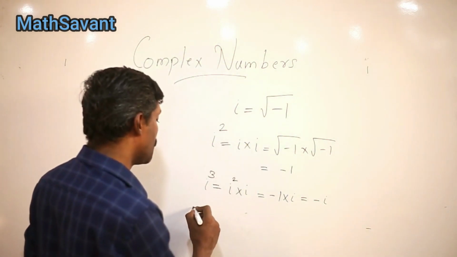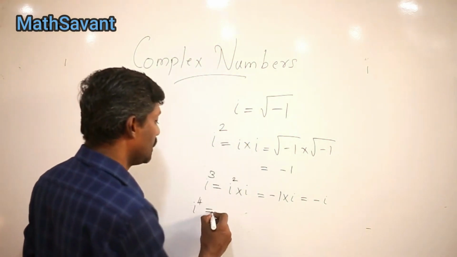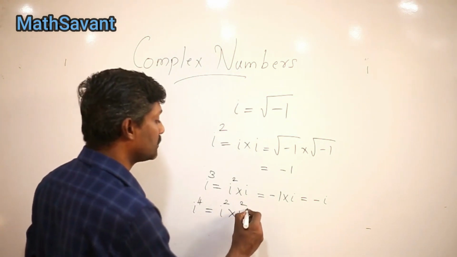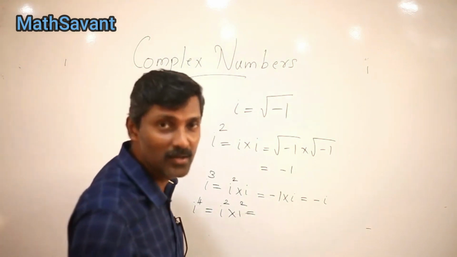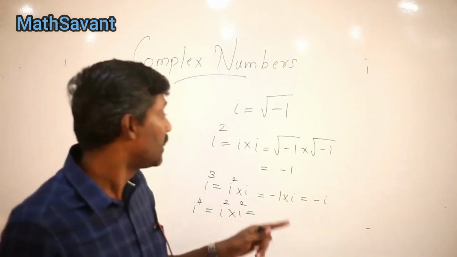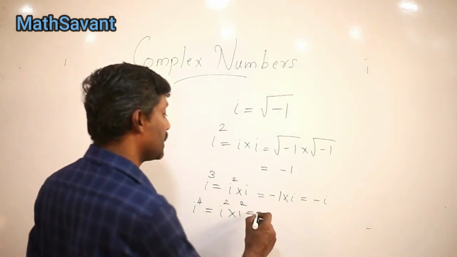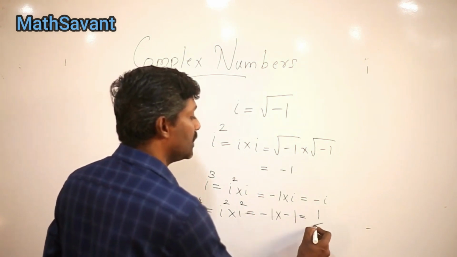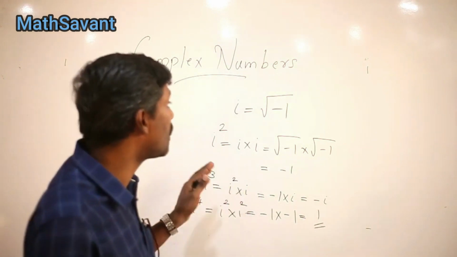And what about i raised to 4? i raised to 4 we can write as i square into i square. We already know the value of i square, which is minus 1. So we can write this as minus 1 into minus 1, which is plus 1. So you need to memorize all these values.